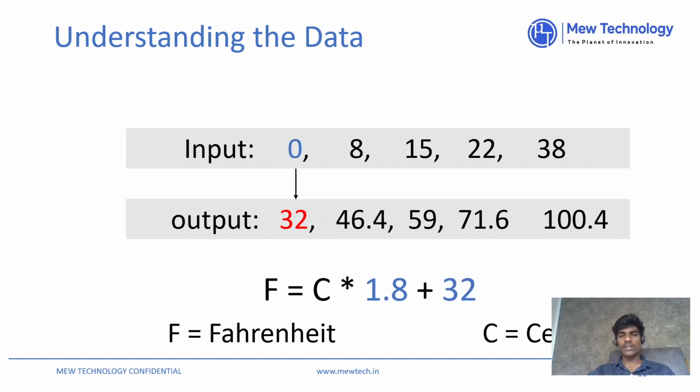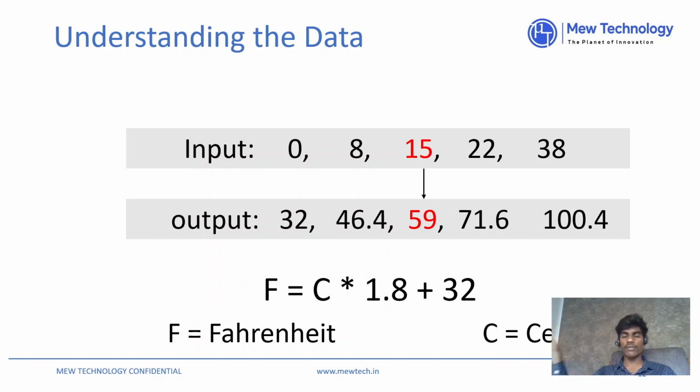The same thing, I give 15. What has happened? I get 15 into 1.8 plus 32. Can anyone help, how to multiply, what's the answer? 15 into 1.8? Anyone? 27, right? 27, yeah, 27 plus 32.